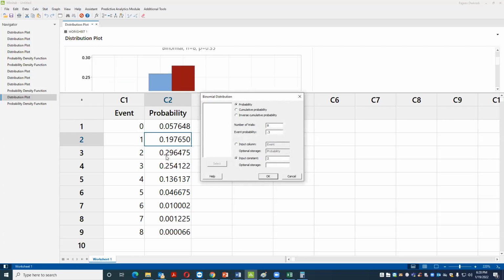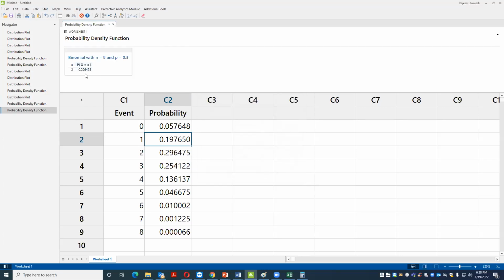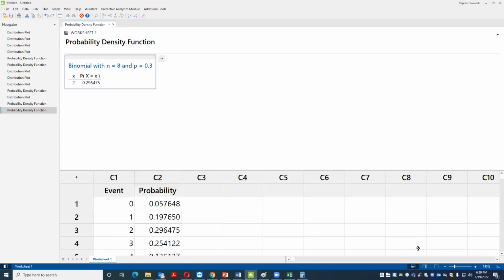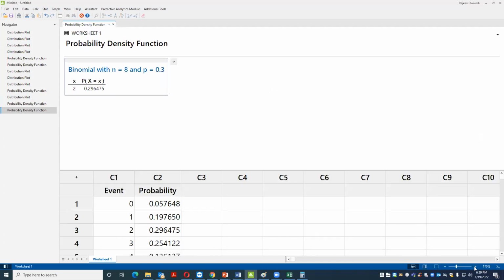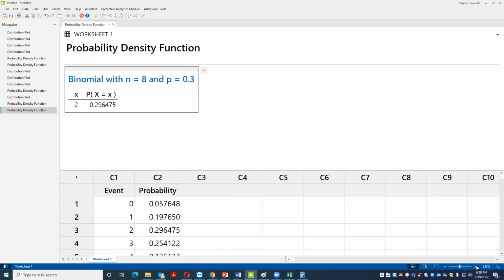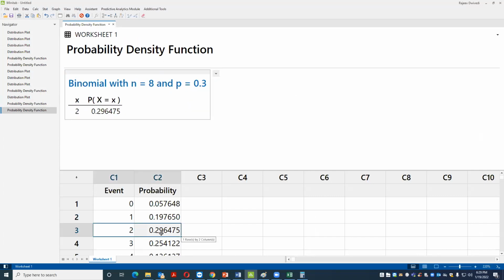And now, exactly 2 here, you can see 0.296. You can see the same result here.